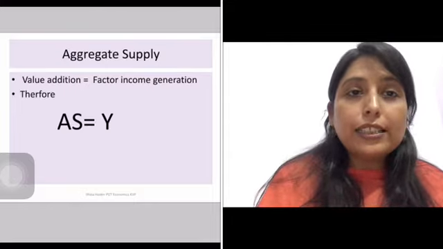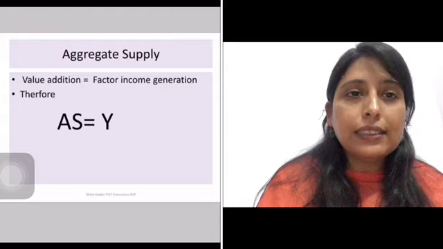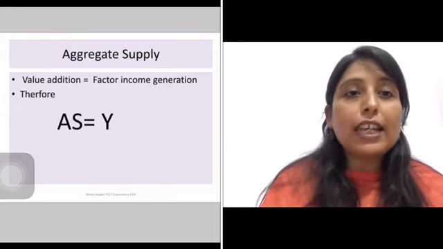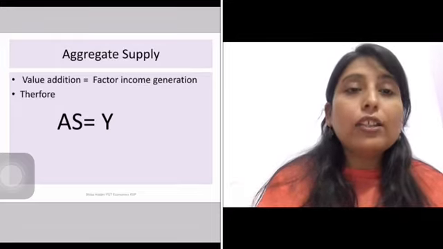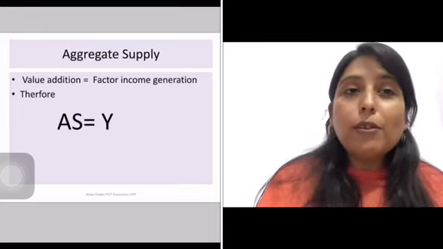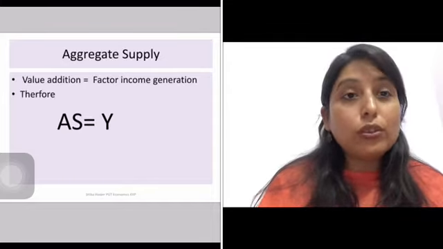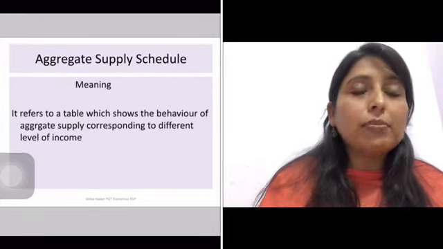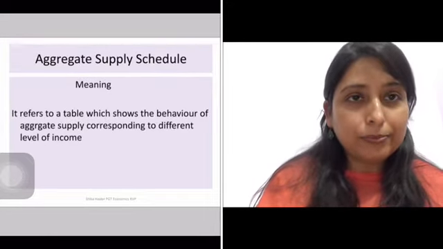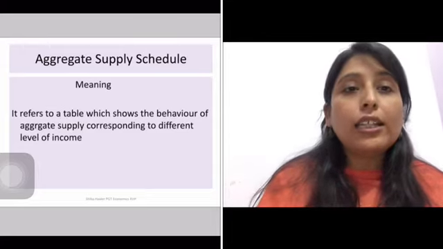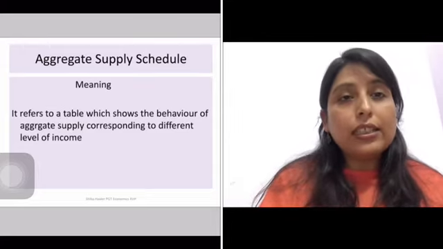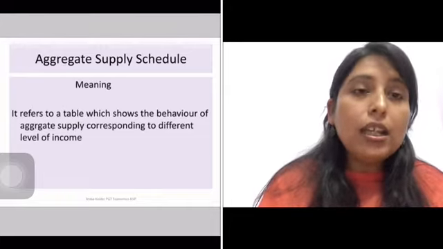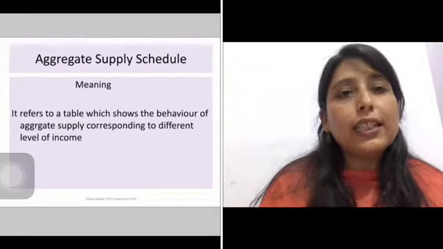Y. यानी aggregate supply और income one and the same thing है. तो आगे फर्दर जब भी हम चैप्टर में डिस्कस करेंगे, we will use that AS is equivalent to Y. Why? क्योंकि जितनी भी वैल्यू का प्रोडक्शन होगा, उतनी ही वैल्यू की फैक्टर इनकम जनरेट होगी, क्योंकि जो नॉन फैक्टर इनपुट्स हैं उनका खर्चा हम कंसिडर नहीं करते हैं. आई होप आपको ये क्लियर हो गया होगा कि AS is taken equivalent to Y, Y means income, and aggregate supply are considered as identical.